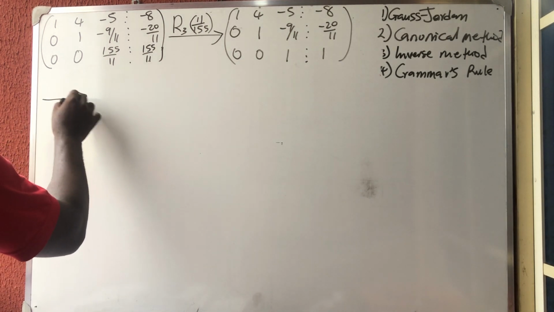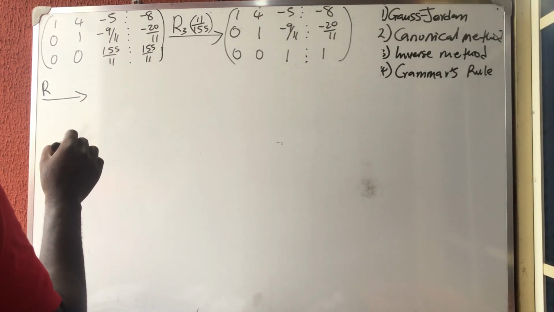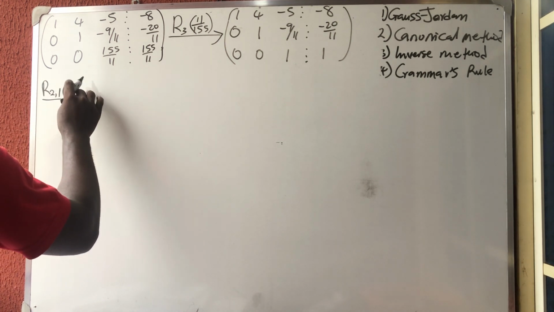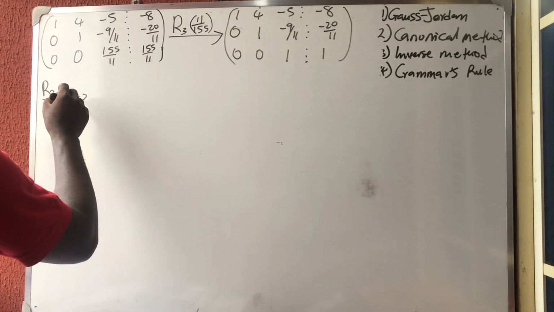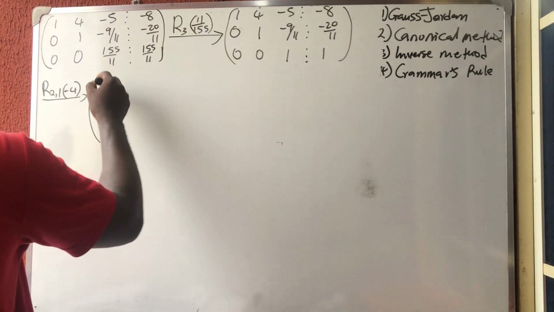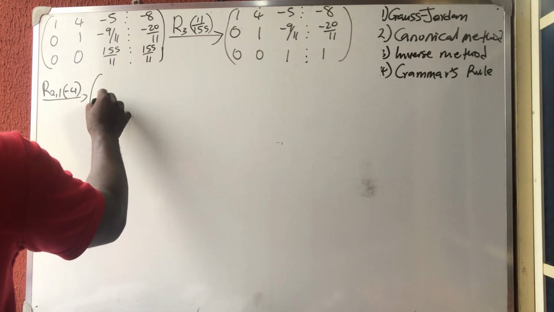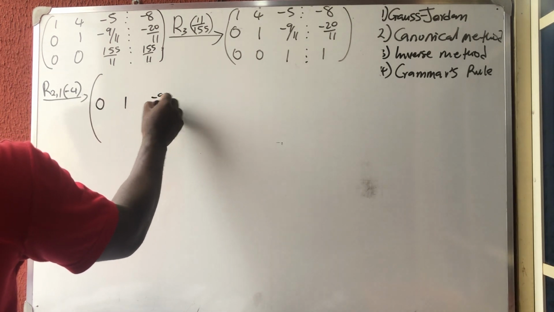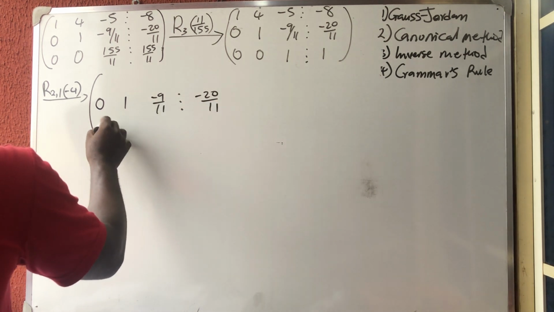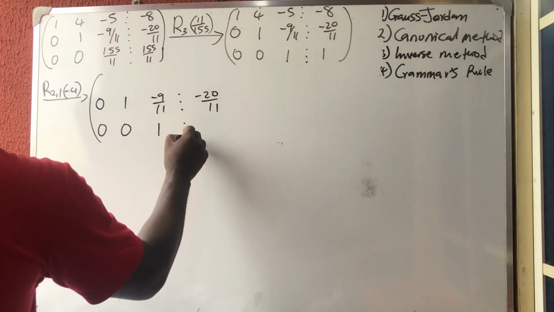We make it 0 by saying row 2 will be added to row 1, but first of all we have to multiply it by minus 4. Okay, so we are now having the last answer. Row 2 remains the way it is: 0, 1, minus 9 over 11, dot, dot, dot, minus 20 over 11. This one is 0, 0, 1, dot, dot, dot, 1.